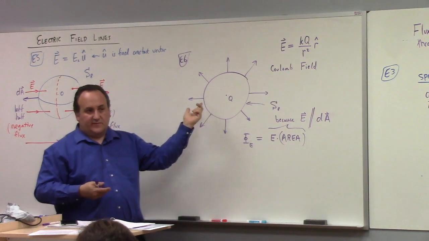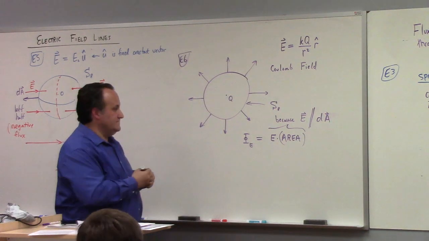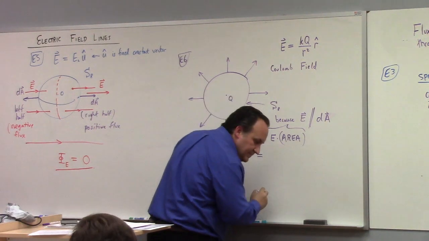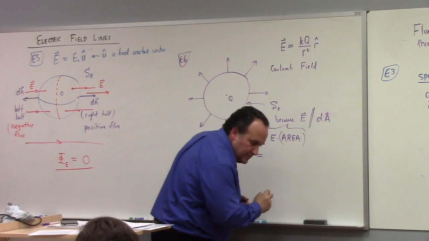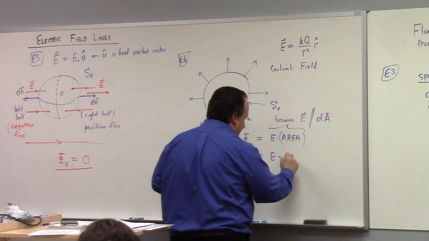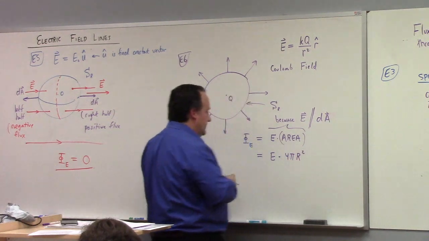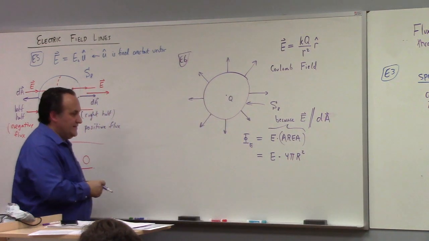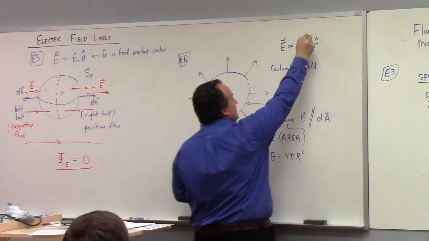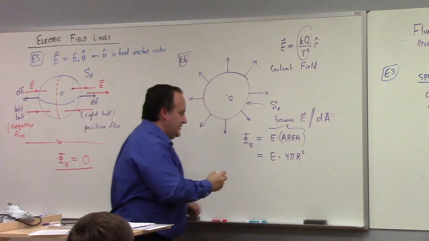What is the surface area of a sphere? 4 pi r squared, right? So we've got E times 4 pi r squared. In fact, what is the electric field? What's the magnitude? Right here. So we can do a little bit more.